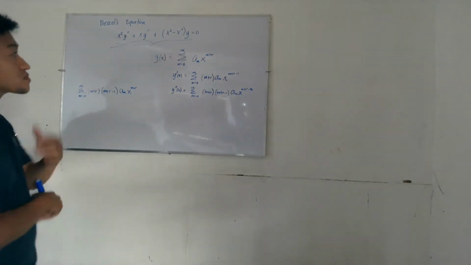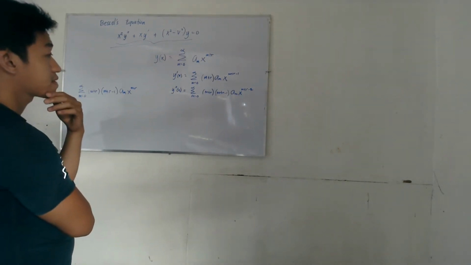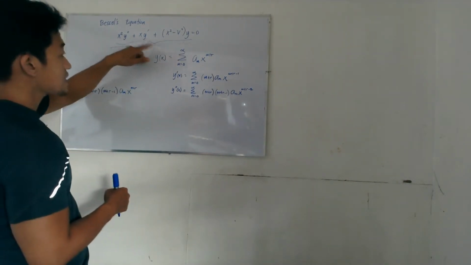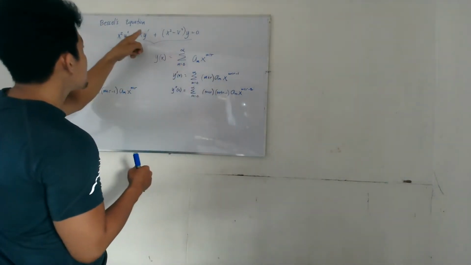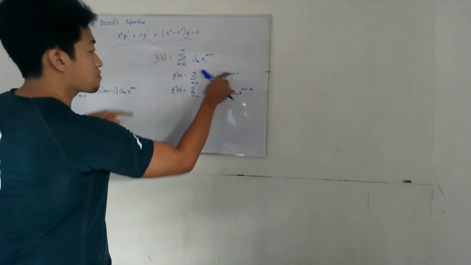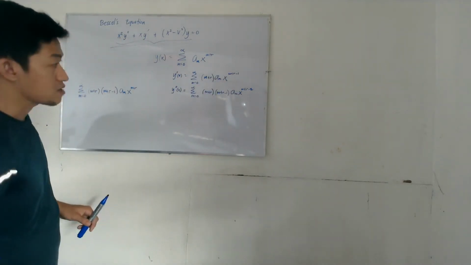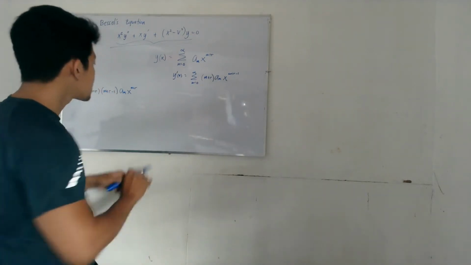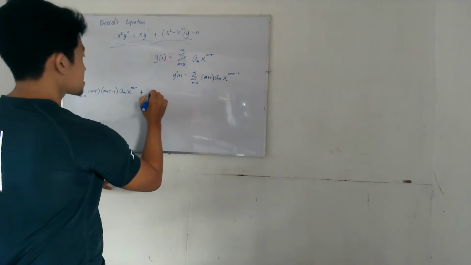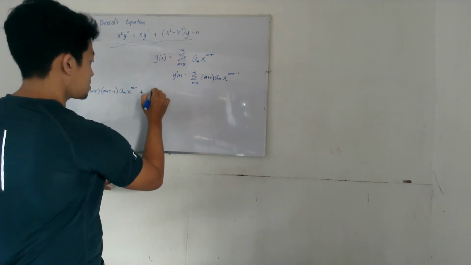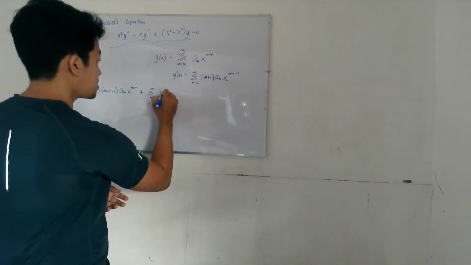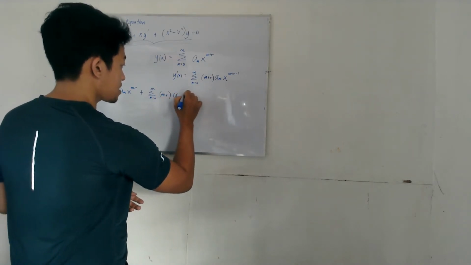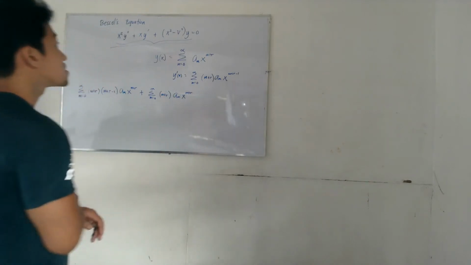Next, plus x times y prime. The x times x to the minus 1 gives x to the m plus r, so plus the summation from 0 to infinity of (m plus r) a_m x to the m plus r.